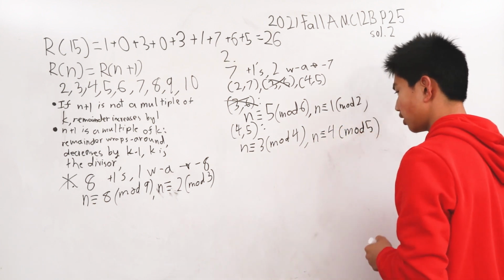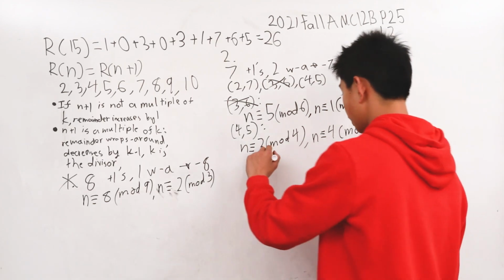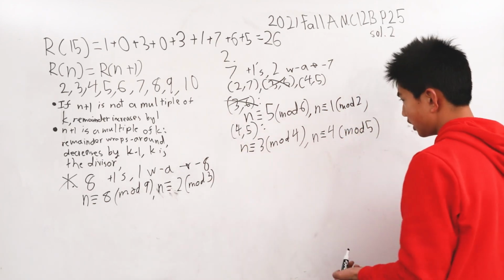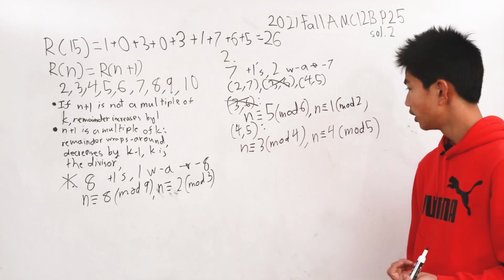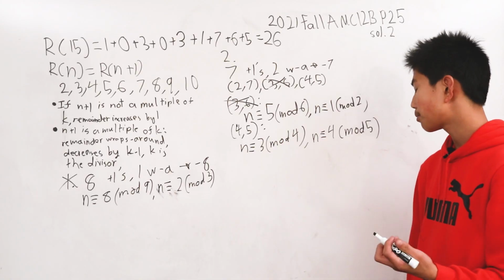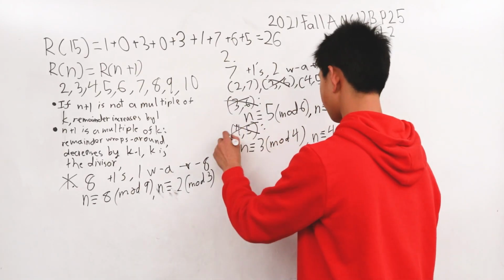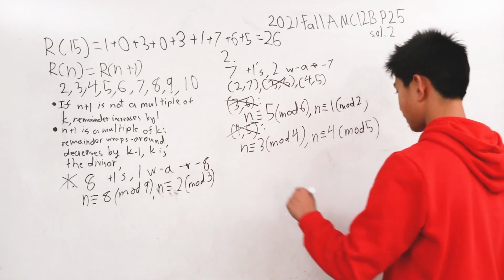Well, this 3 mod 4 implies 2 mod 3, which is a contradiction in itself, because one of these cases is saying that something wraps around, but the other is saying it doesn't. So this is out. Let's go to 2, 7.